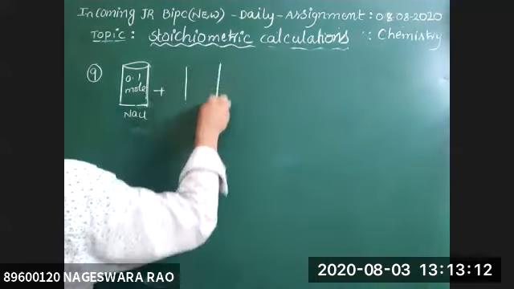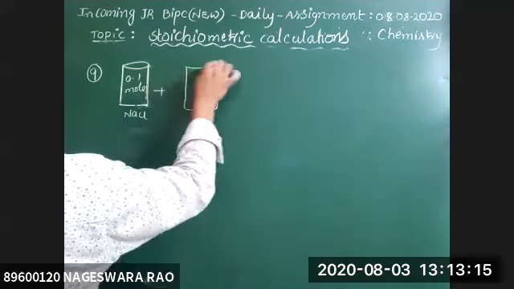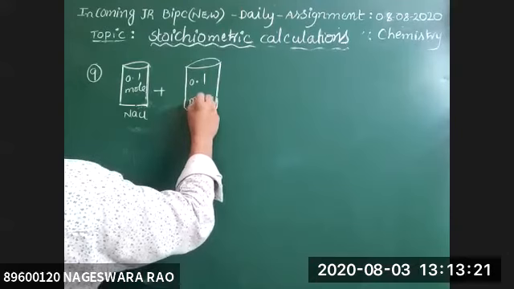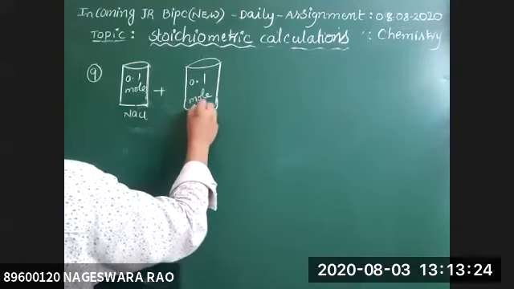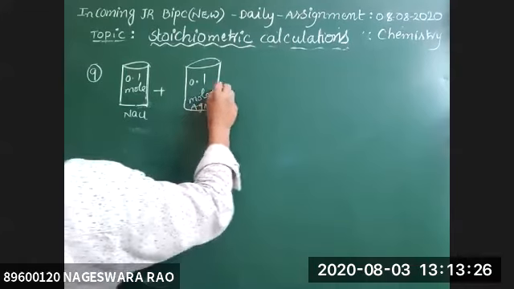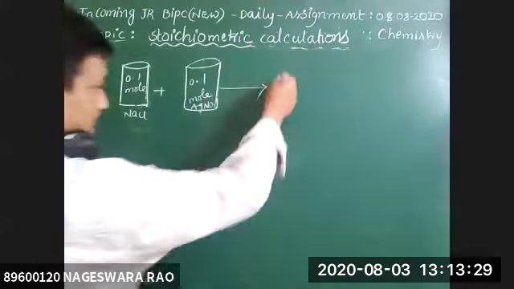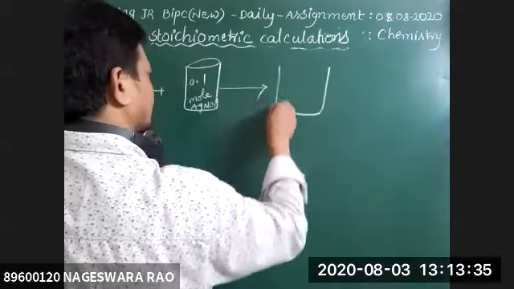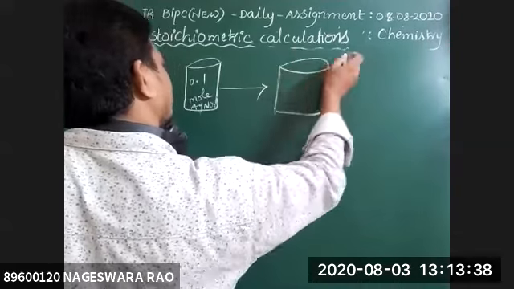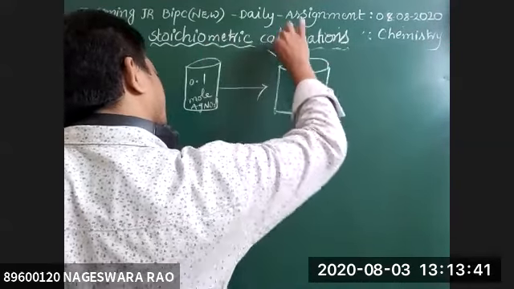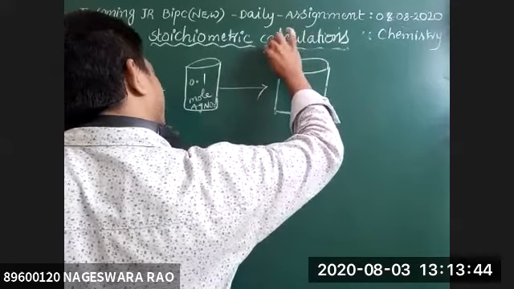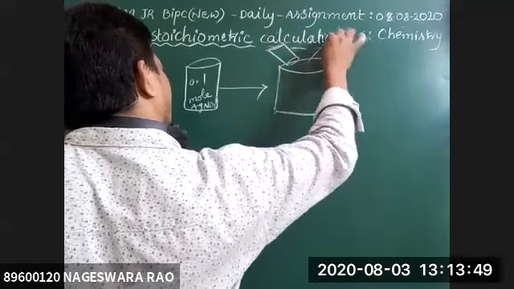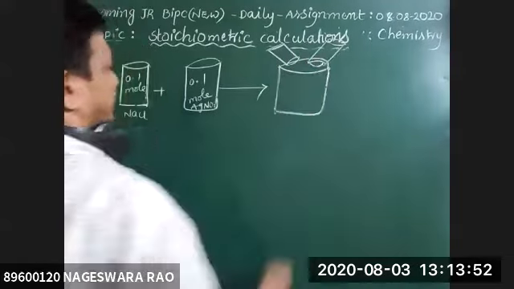Another beaker contains 0.1 mole of AgNO3. These two react. The two solutions are added to another beaker. So here the reaction takes place.